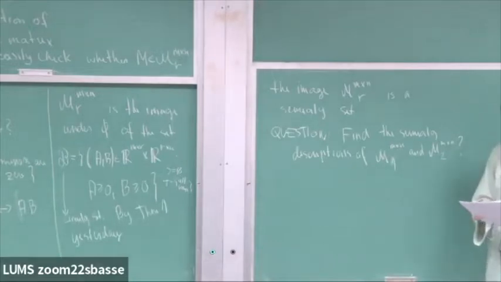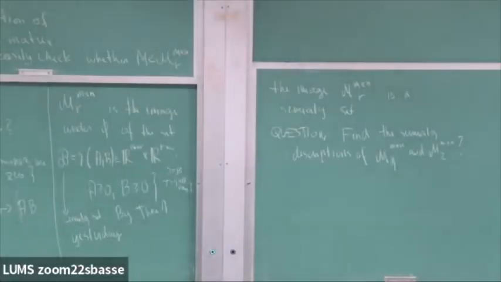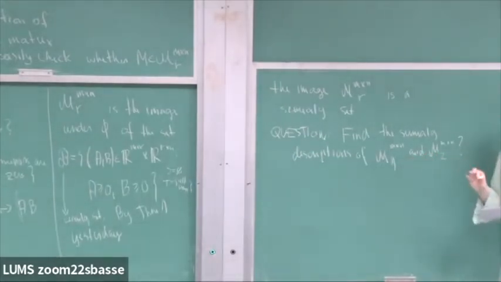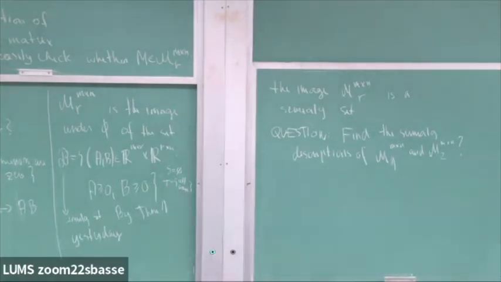So does anyone have suggestions? What would be semi-algebraic descriptions for M_1 and M_2? Why might I ask for 1 and 2? What was special about 1 and 2? Exactly, the rank and non-negative rank are equal, right?